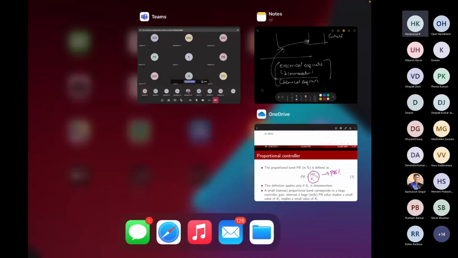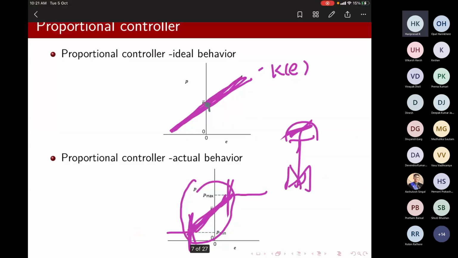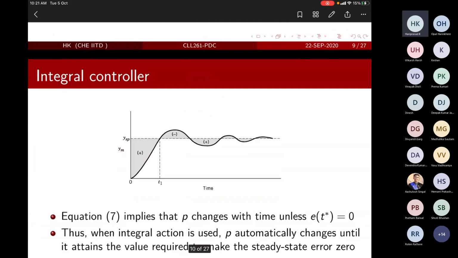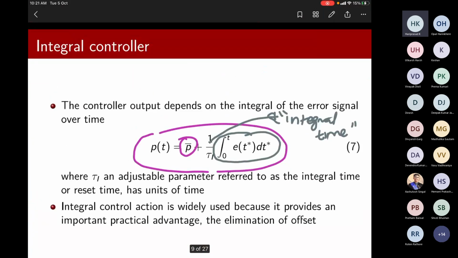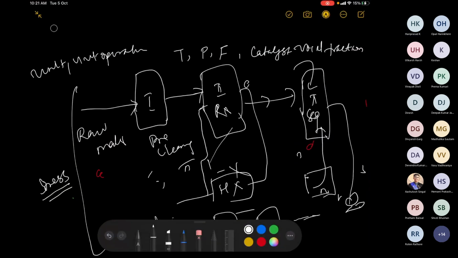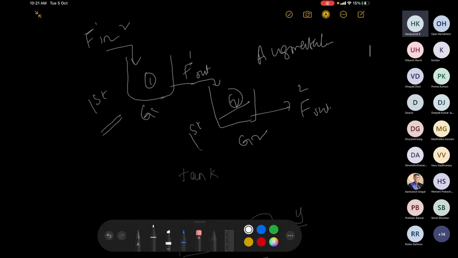Now coming to where we have stopped. We have seen about a proportional controller, and we will now see the other aspects of the two types of controllers.